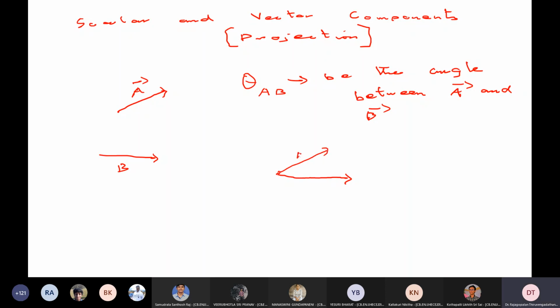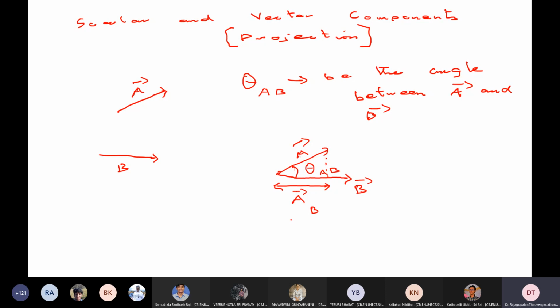So this is my vector A. I want to find the projection onto B. This is my angle theta AB. All I need to do is project this vector onto this. So this is my projection vector on B, and I call this vector A on B. The subscript B tells me that this is a vector projection.